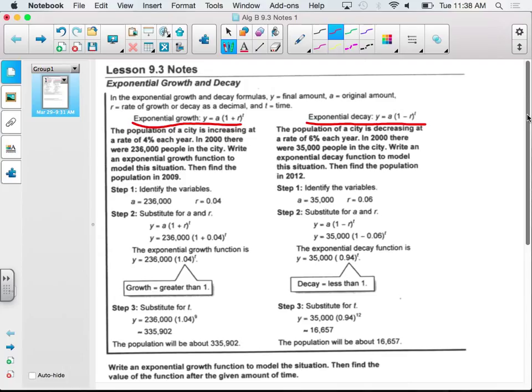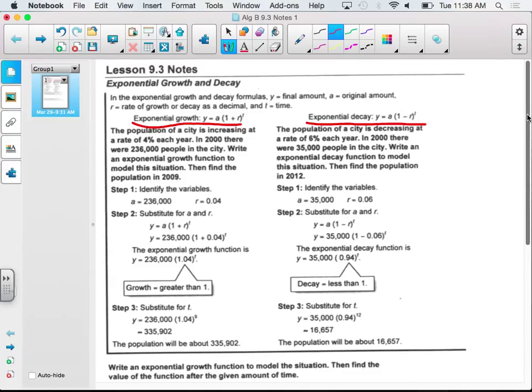Because it's 1, so a is our original amount, so anything times 1 is itself, right? So to find the amount of increase, if we just multiply it by our rate of change, we would get a number that's smaller than it. So we add that 1 in, so it's our original amount plus its percentage of change. So that's where the 1 plus r comes in.